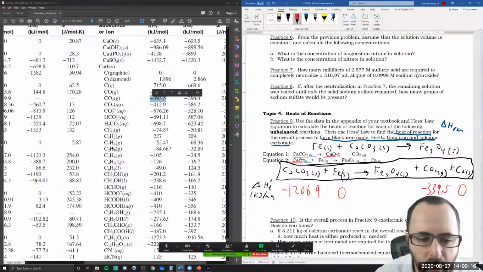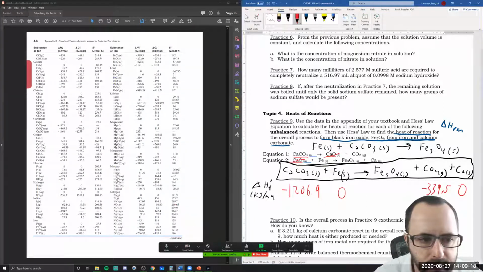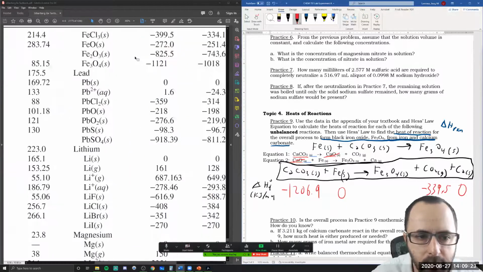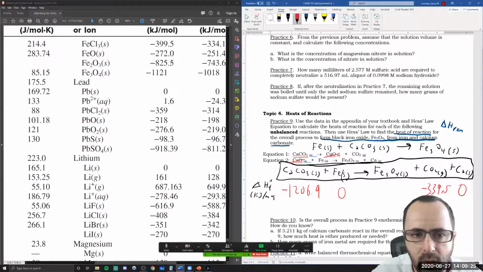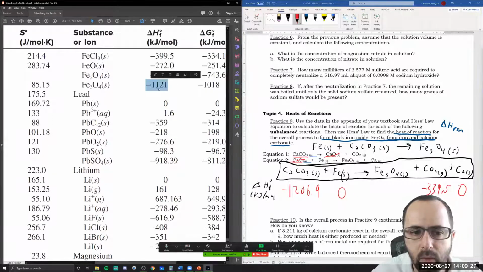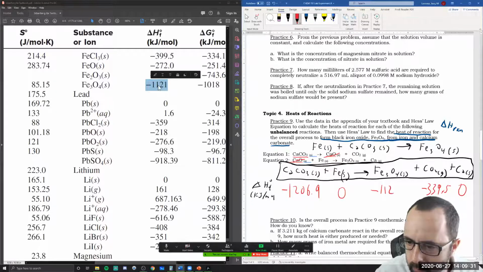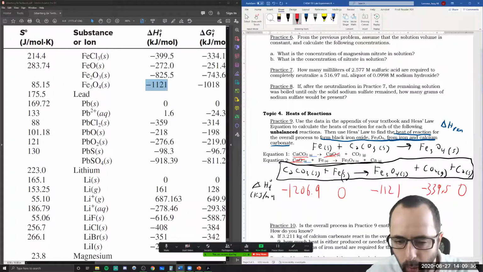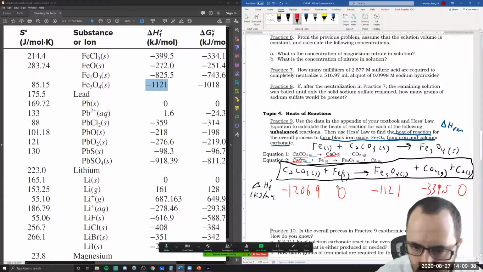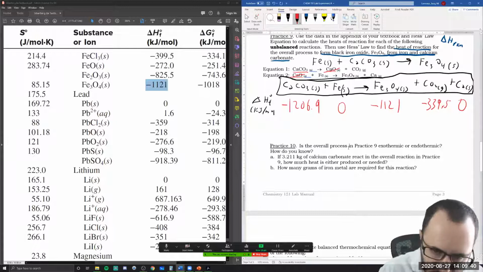And then for the black iron oxide, that's going to be over here with iron. We have it right there, negative 1121 kilojoules per mole.